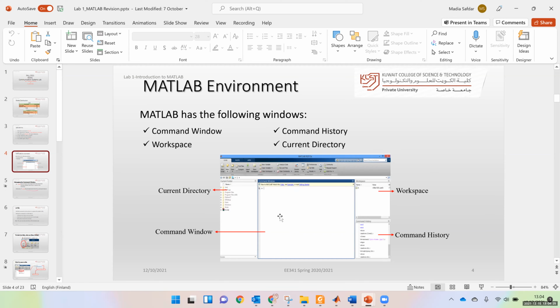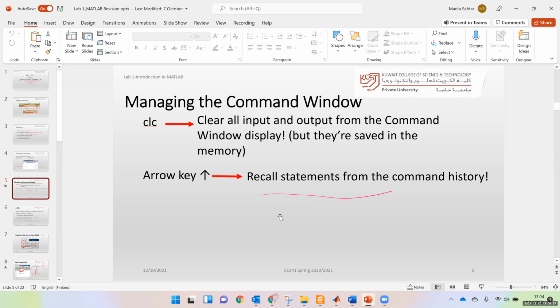In this course, we were using the MLX format editor, and we were viewing our figures in the side window. The command clc will clear all the input and output from the command window.